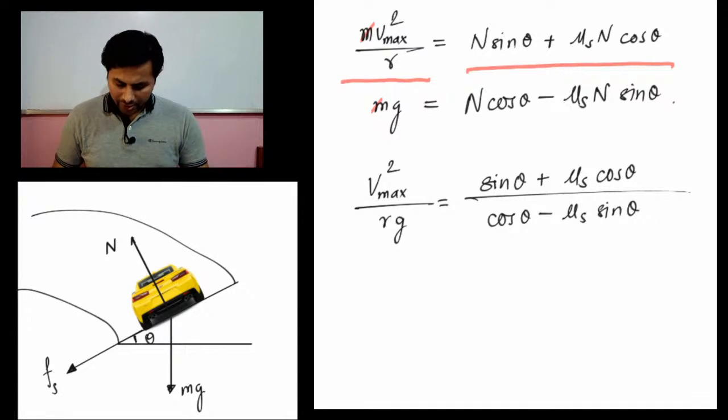Okay, and now if we divide the numerator and denominator on the right hand side by cos theta, what do we get?